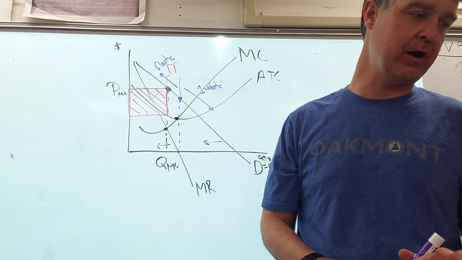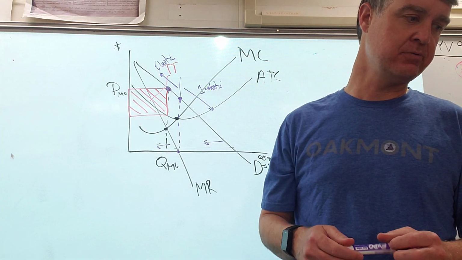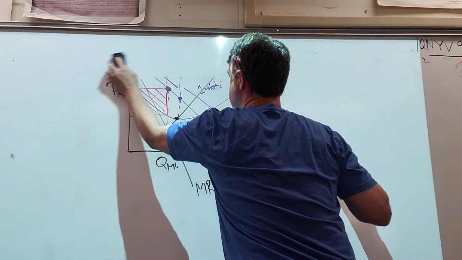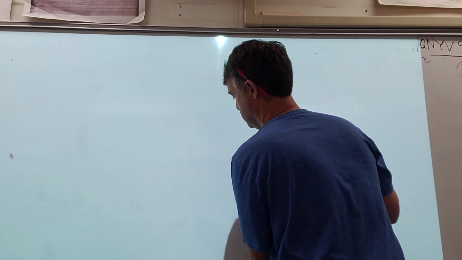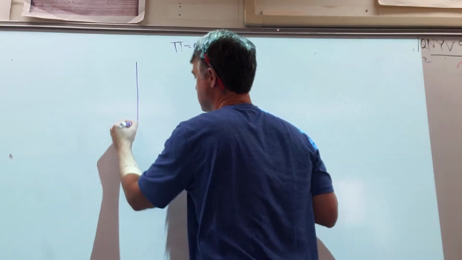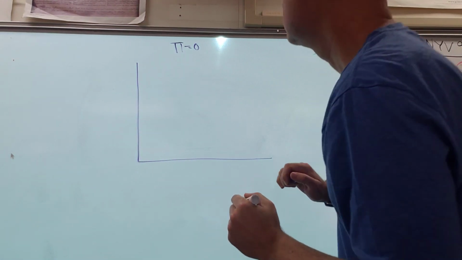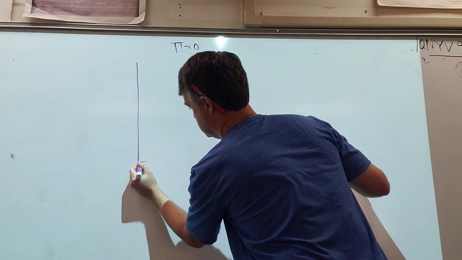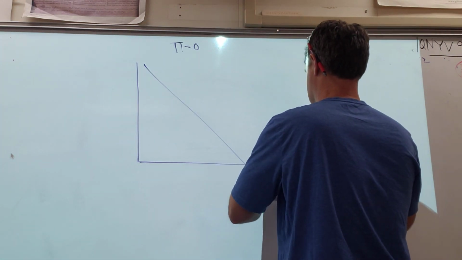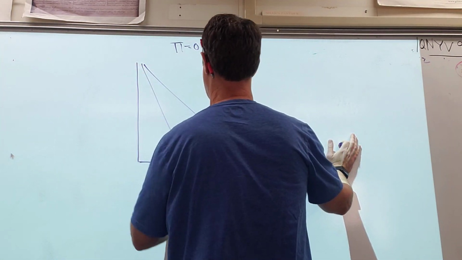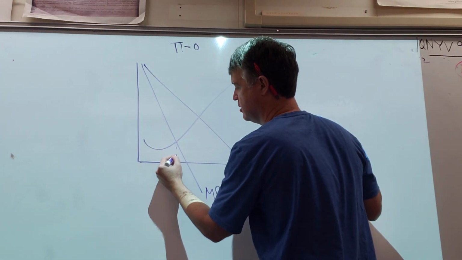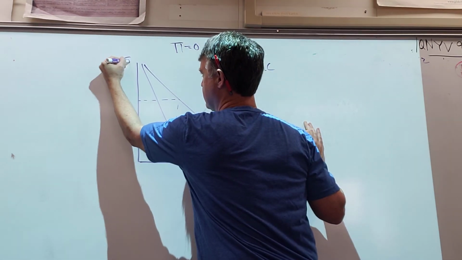D asks us to redraw that. On a new correctly labeled graph, show the profit maximizing output and price for the typical firm in the long run. As soon as you see long run, the first thing you should think about is profit equals 0. We still have a monopoly-like graph, with marginal revenue and marginal cost, everything looks the same.